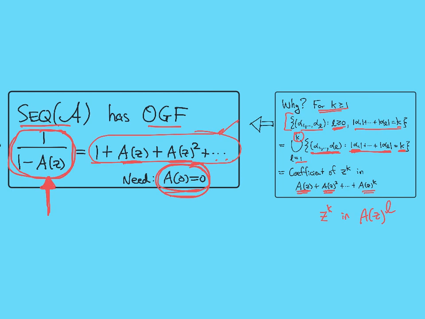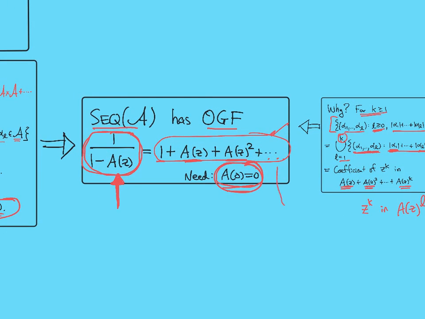And so the z^k coefficient of this will exactly be the right thing, and the terms where I go higher won't contribute because A of 0 is 0, so when I raise this to the k plus first power, I'll only get terms with powers of z greater than k.